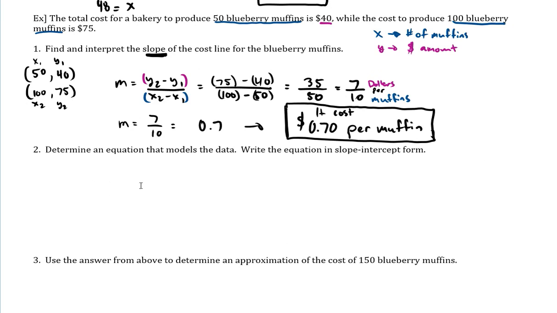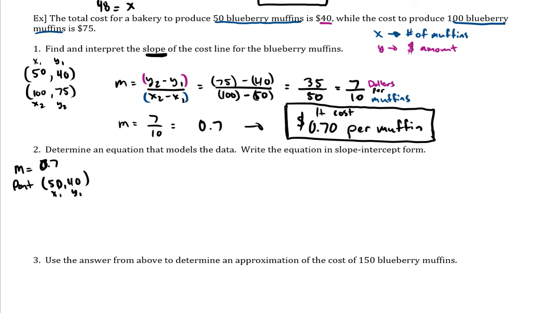So on part 2, determine an equation that models the data. Write the equation in slope-intercept form. Okay, so we're finding the equation of a line. We have the slope. Let's go ahead and do the decimal. And we do have a point. Let's do the 50 and 40.